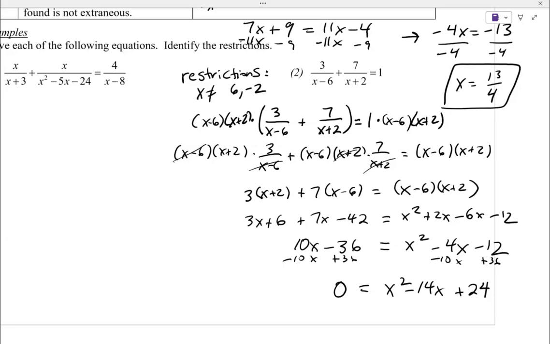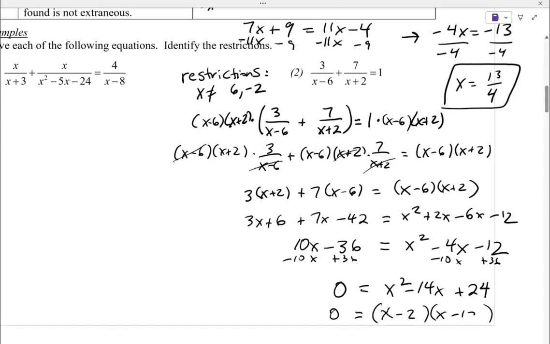And then factor. What does that factor as? Well, since we have x squared, we have to use x and an x, right? Yeah. Go ahead.